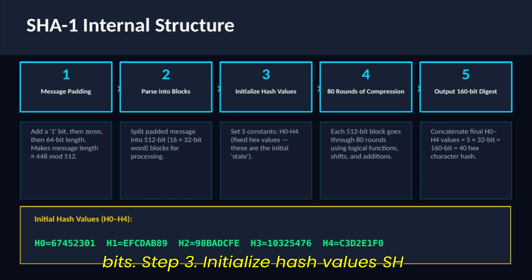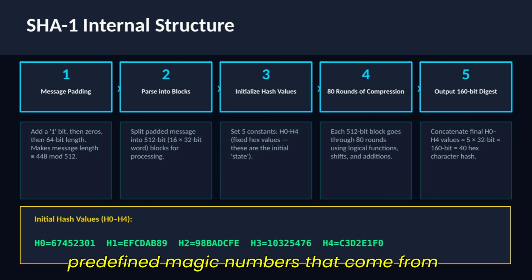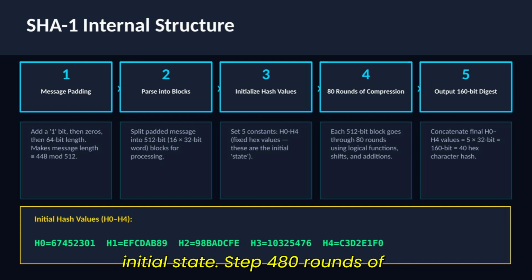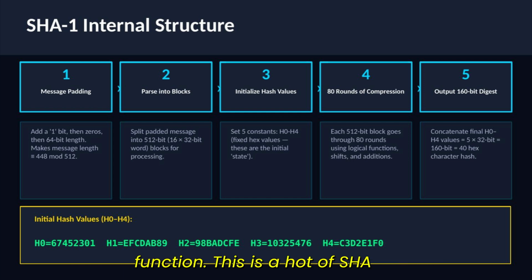Step 3. Initialize hash values. SHA-1 starts with 5 fixed constants, H0 through H4. You can see them at the bottom of the slide. These are predefined magic numbers that come from the algorithm's design. They form the initial state. Step 4. 80 rounds of compression. Each 512-bit block is processed through 80 rounds of a compression function.